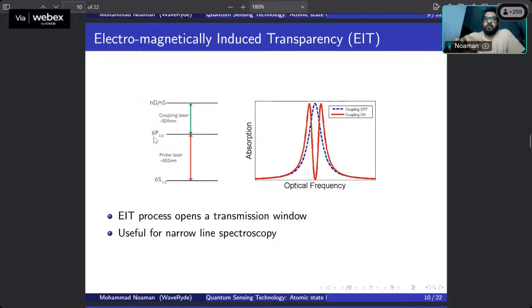And if you have another laser that addresses a Rydberg transition, that opens a window, a transparency window, and that's why it's called transparency. And because the other laser, an electromagnetic field, causes it, it's called EIT. That's a key technical step that's required for sensing the radio frequency fields.